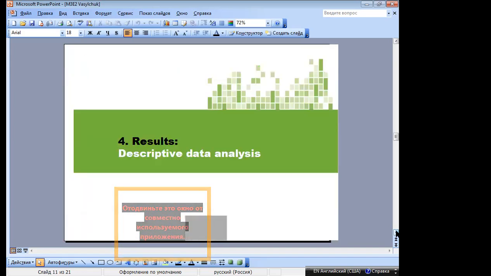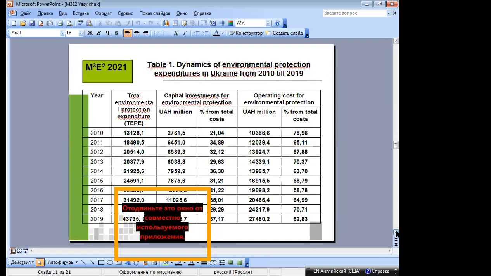Descriptive data analysis. The analysis shows that there is a positive trend in environmental protection expenditure in nominal terms, both in aggregate and in terms of components over the past 10 years. You can see in table 1. There is a tendency to increase the share of long-term capital investments, which made up a record 37.17% in 2019.